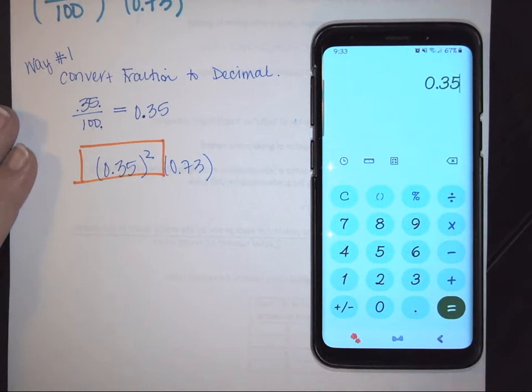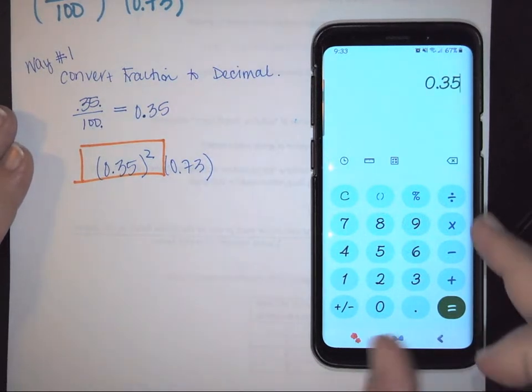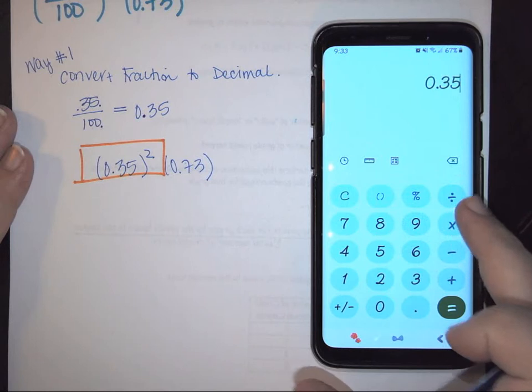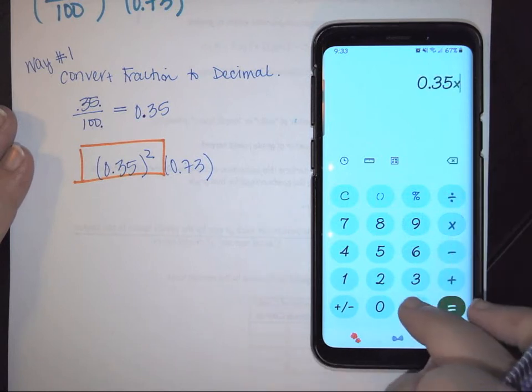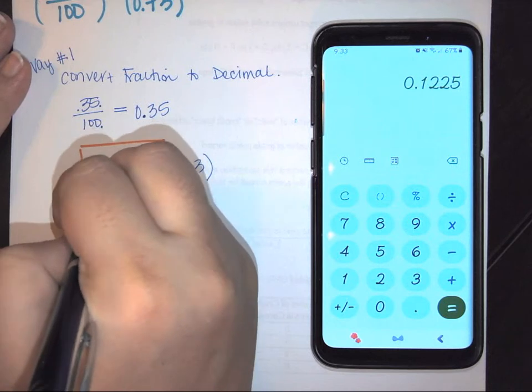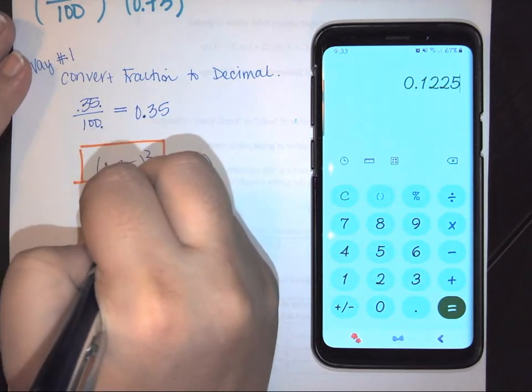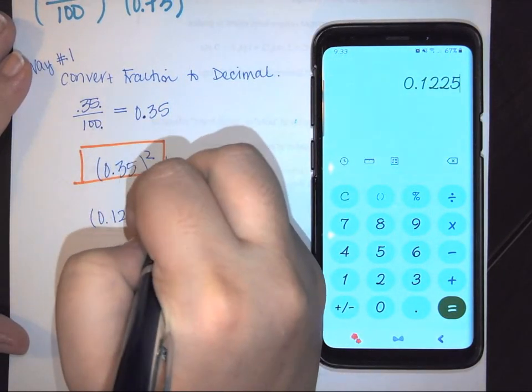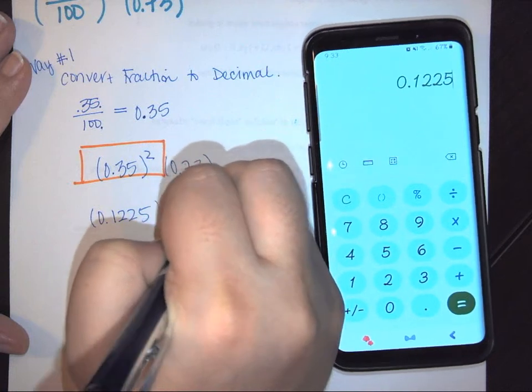Well, squaring it is the same thing as multiplying by itself twice. So we're going to take that 0.35 and times it by 0.35, and this is going to give us 0.1225 times my 0.73.